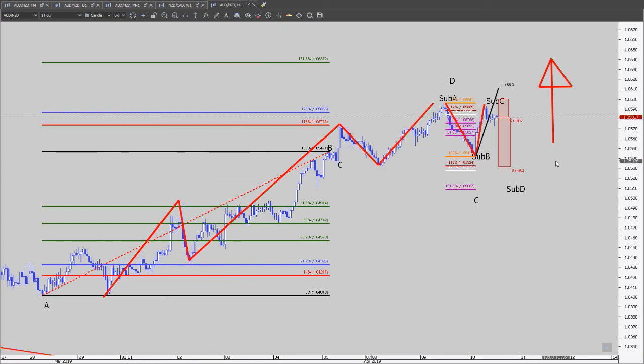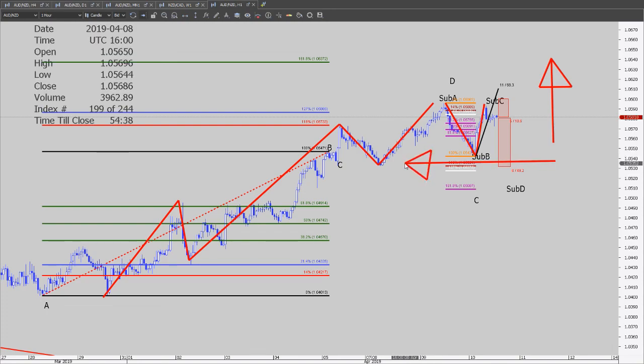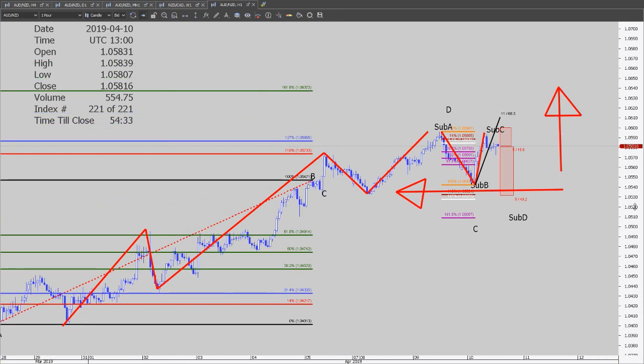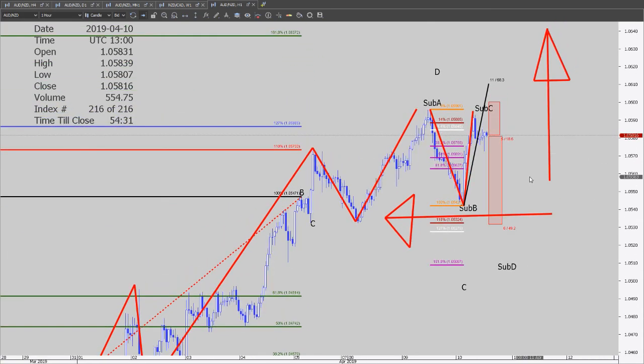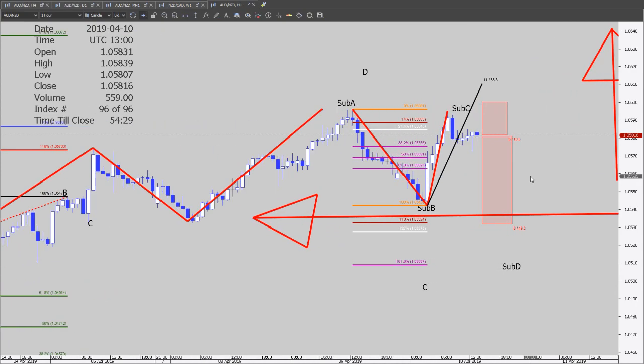So I don't have a structure with a lower low on the 1 hour time frame. So if I'm going to trade this retracement, if I'm going to trade the sub A, sub B, sub C, I'm going to do this on the 15-minute chart. And this is going to be the topic for another webinar, everybody.